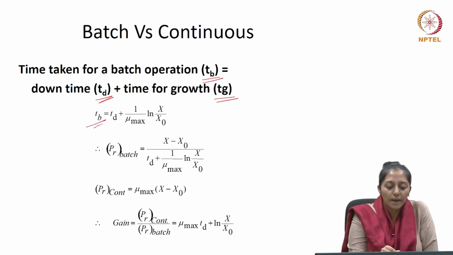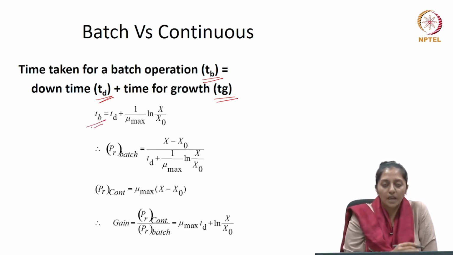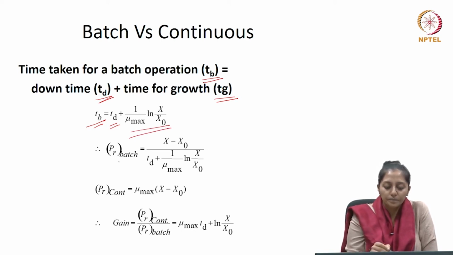Then the total batch time, which is the time spent till we run the next batch, will be the downtime plus the time spent for the growth, which we generally call the batch time.